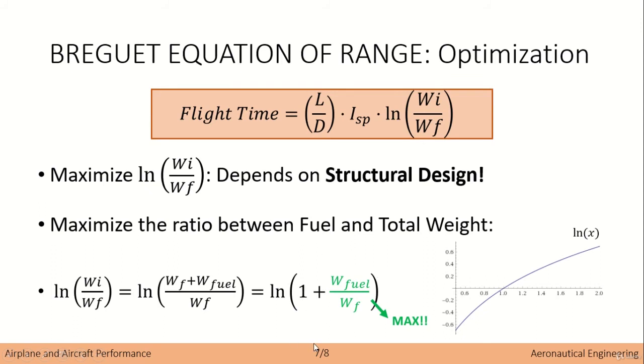Right, so imagine that we had no fuel at all. If we have no fuel, this would imply that this is 0, because we have no weight of the fuel. And if this is 0, then this is the natural logarithm of 1. If we go to the graph of the natural logarithm function, we can see that for a given x equal to 1, the result would be 0, because we said this is 0.